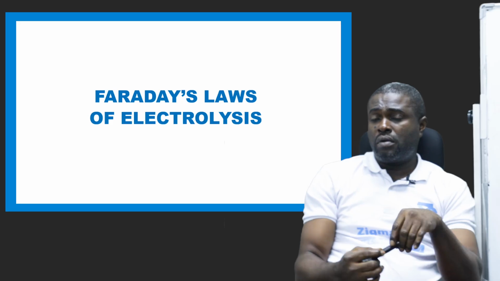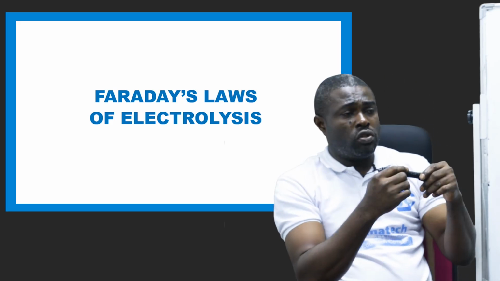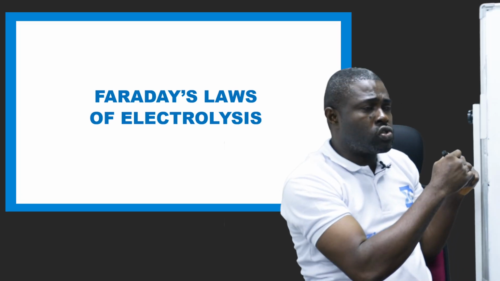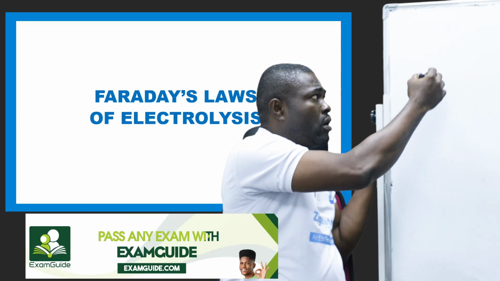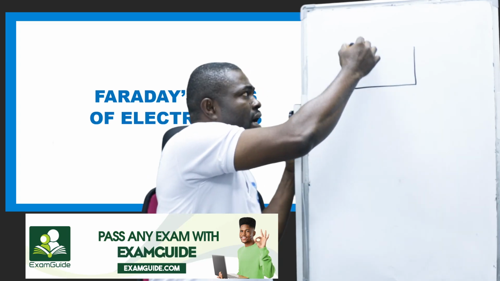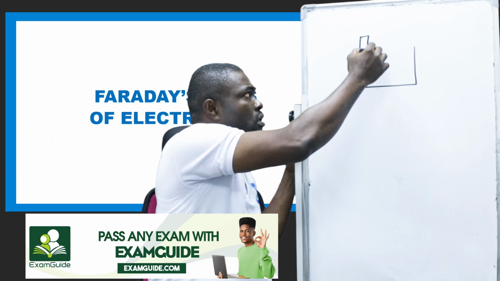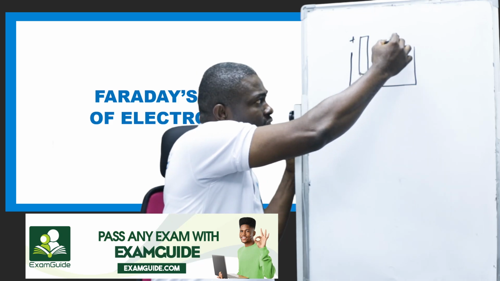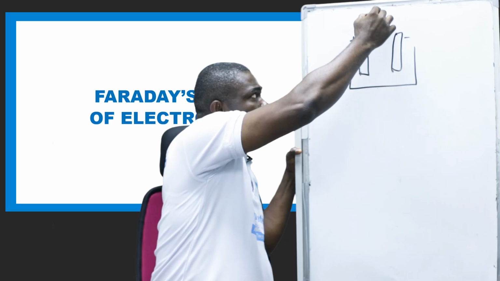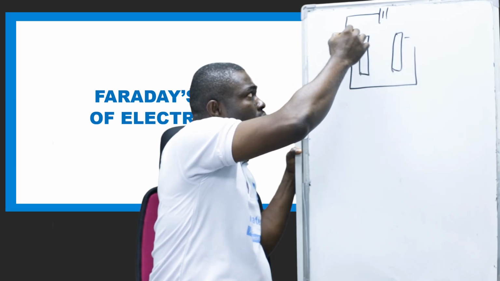For example, we know that during the electrolysis of copper 2 sulfate solution, this is the electrolytic cell again. I have the anode, positive. I have the cathode, negative. I have the source of current.